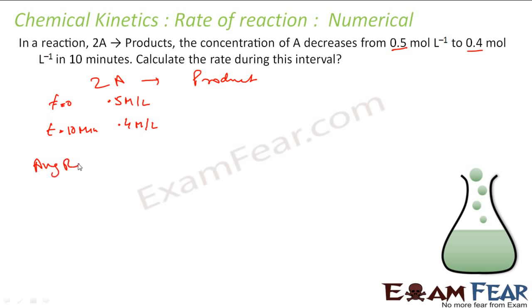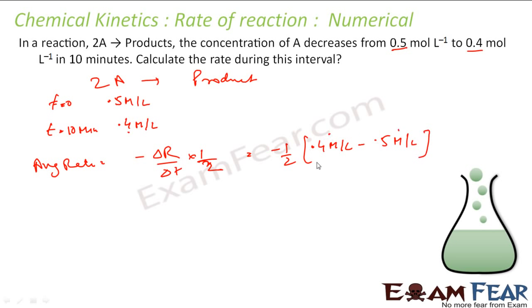So my average rate of reaction, I know, is nothing but change in concentration of reactant with time, and there's a 2 here, so 1 by 2, and there's a change in reactant, so there's a negative sign. So this is what I have to find: minus 1 by 2 into the change in concentration, from 0.4 moles per liter, final concentration, minus initial concentration, by time 10 minutes, correct?